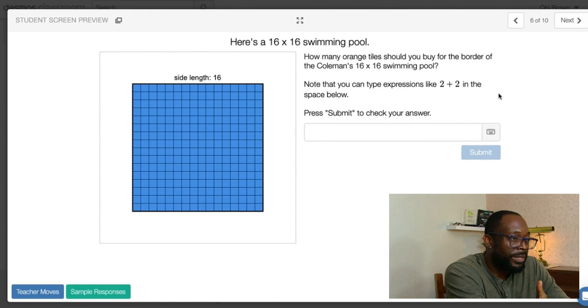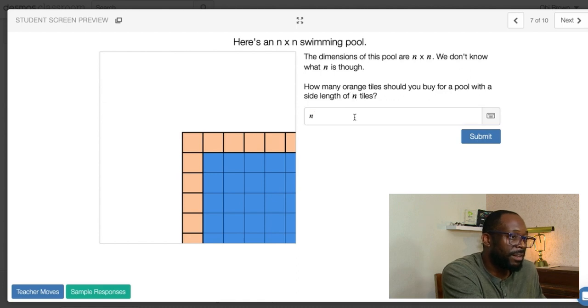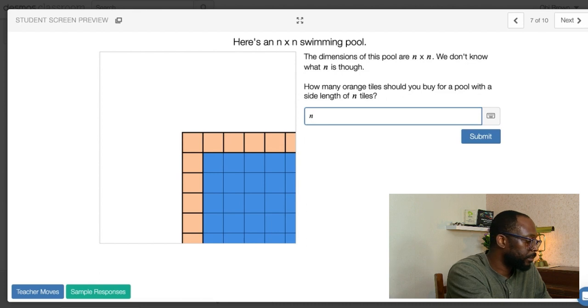Next, the students will try it again. However, we now give them an occurrence of this problem where one side is unknown. After a little bit of deliberation, they realize that since the length of the pool is n, we can say n times 4 plus 4.